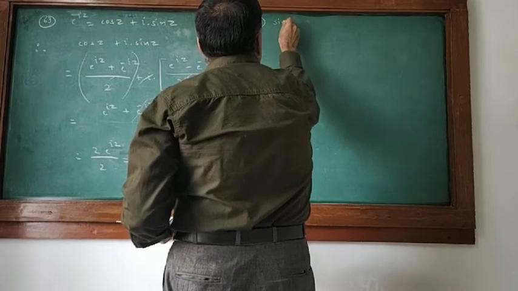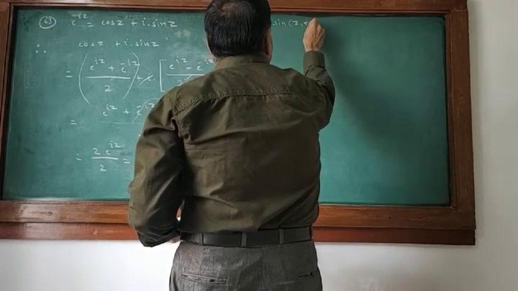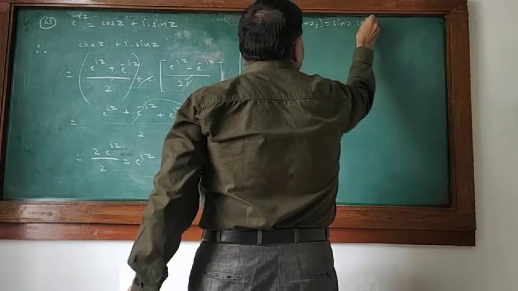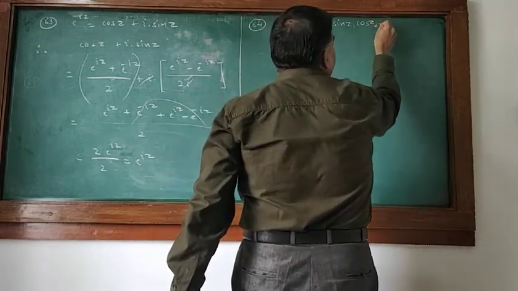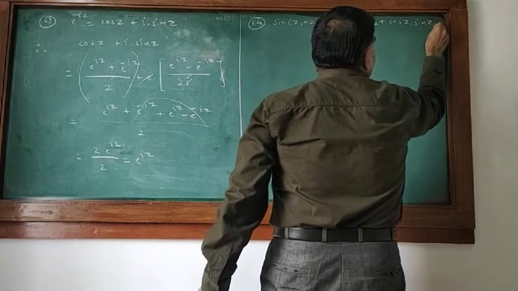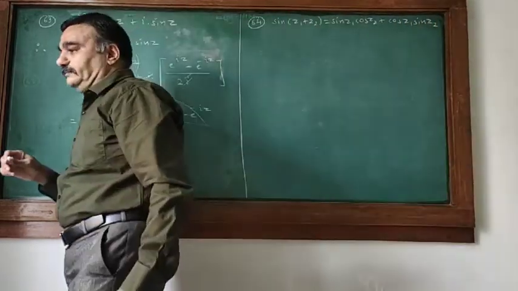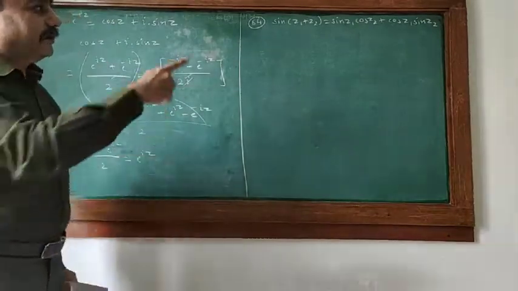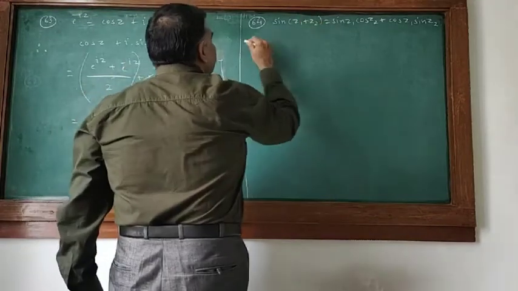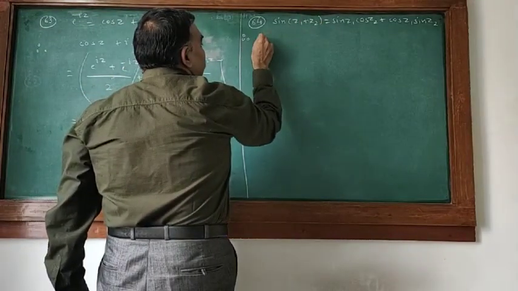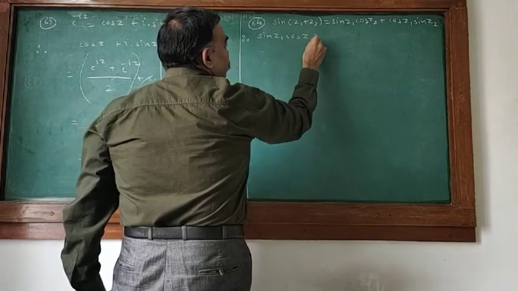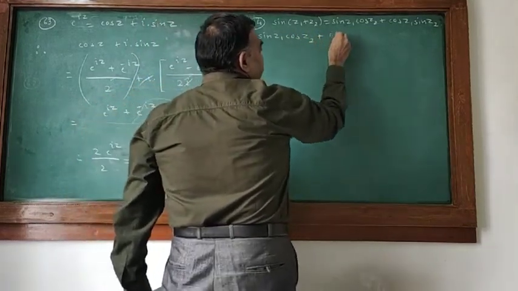Sin of z1 plus z2 is sin z1 cos z2 plus cos z1 sin z2. We are going to prove it again from the right hand side.